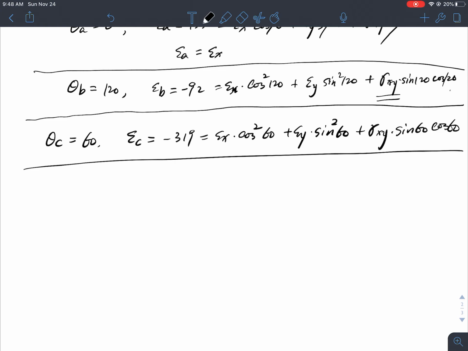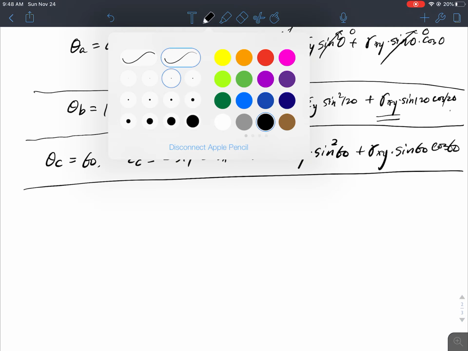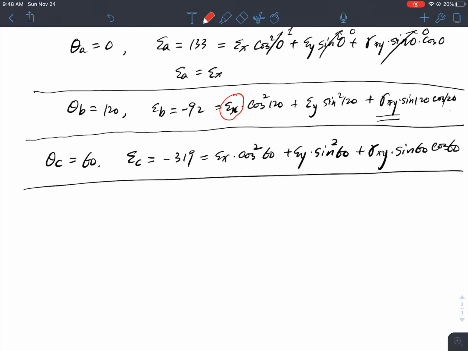Okay, so I want to list all these equations down, but I want to list them in a certain format. So this is what I'm going to do. I'm going to use a matrix. Okay, how am I going to use the matrix? I'm going to use these ones. Circle in red as unknown.